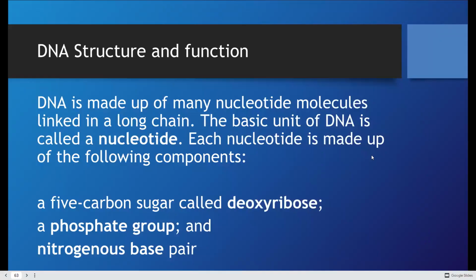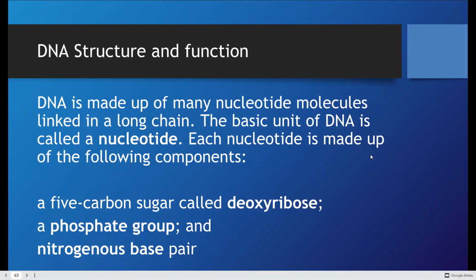DNA structure and function. DNA is made up of many nucleotide molecules, because the basic unit of DNA is the nucleotide, linked in a long chain. Each nucleotide is made up of the following components: a 5-carbon sugar called deoxyribose, a phosphate group, and a nitrogenous base.